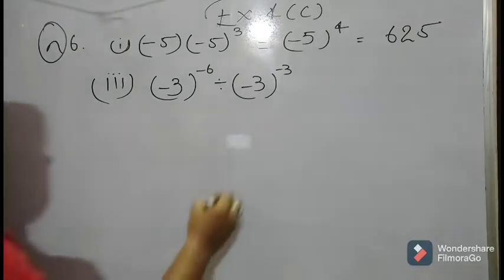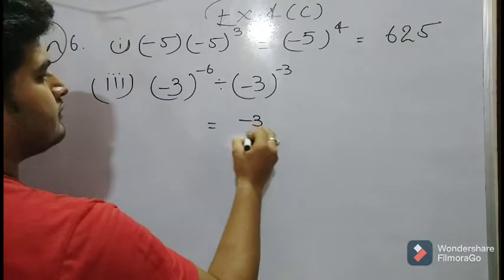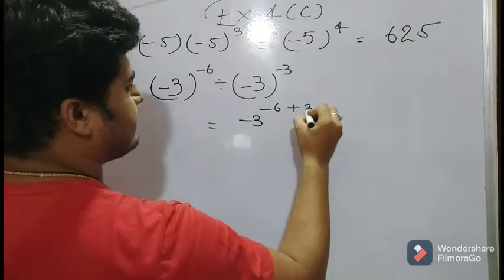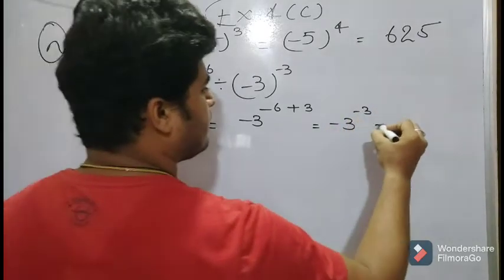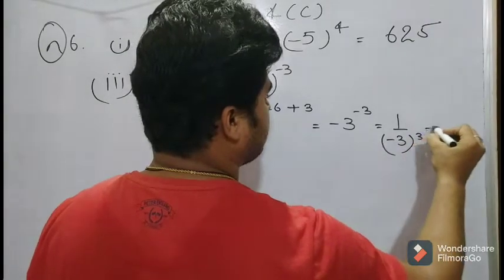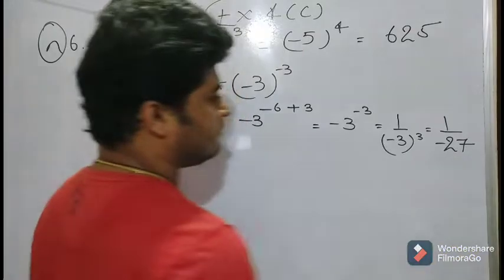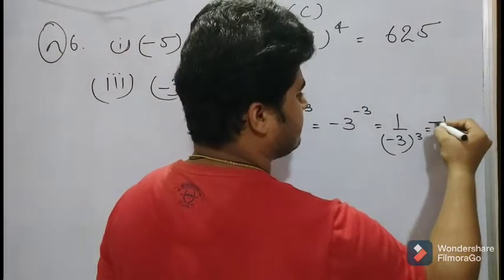So in division the power gets subtracted, so minus 3 power minus 6 minus minus 3, that will be plus 3, so minus 3 to the power minus 3, it will become 1 upon minus 3 to the power 3, and it will become minus 27. So minus 1 by 27.